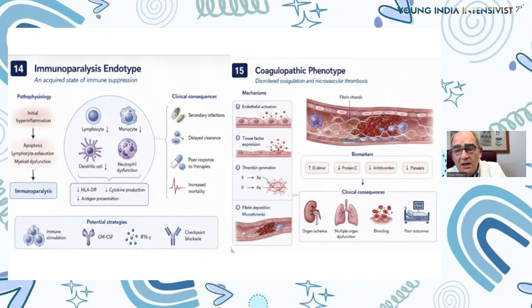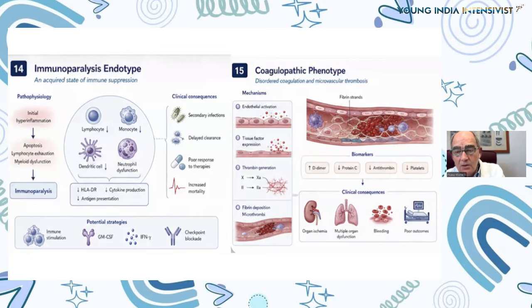And which are our biomarkers, those substances we have to look at in order to suspect at least the presence of this coagulopathic phenotype? The D-dimer, the protein C, the antithrombin, and the platelets. The platelets, for sure, represent one of the simplest ways to look at or hypothesize the coagulation alterations.